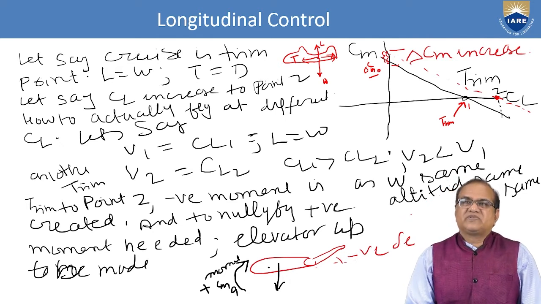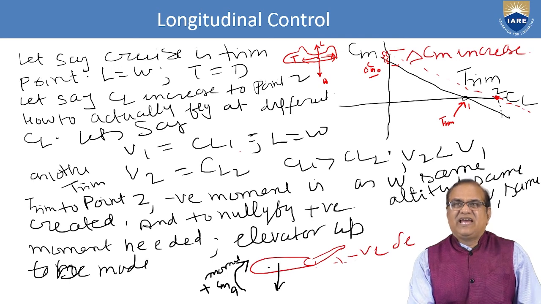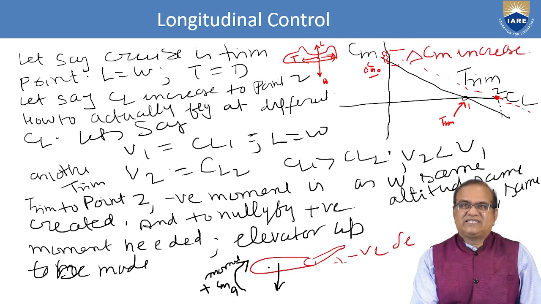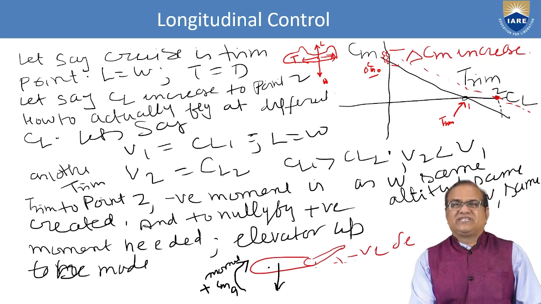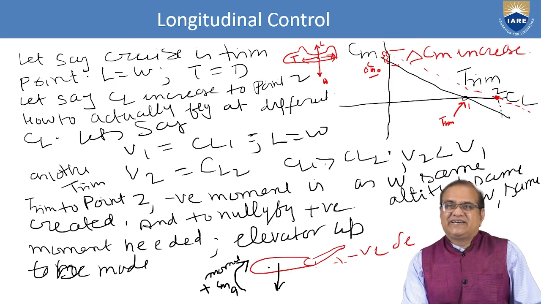Let's say that V1 is producing CL1, and in this case lift is equal to weight. In another case, V2 is producing CL2. Here CL1 is greater than CL2.